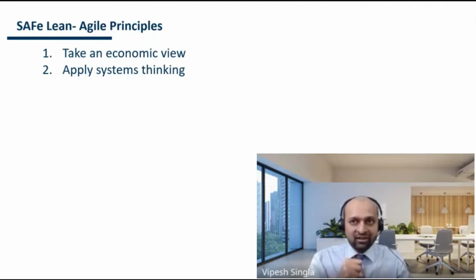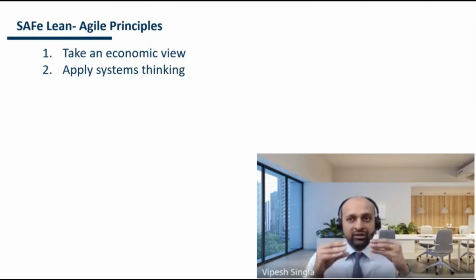And the key secret for a system to be successful is cooperation between all of these components. That should be the aim of every organization, which will result in better value for the system as a whole.